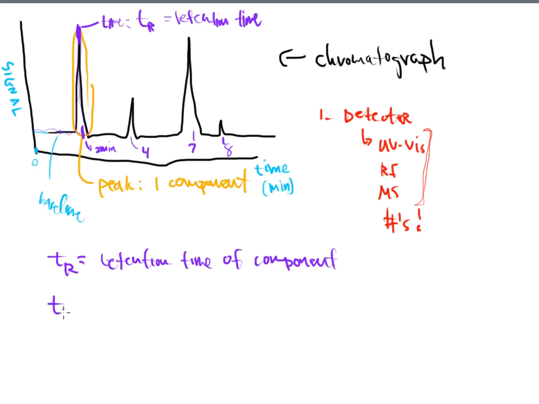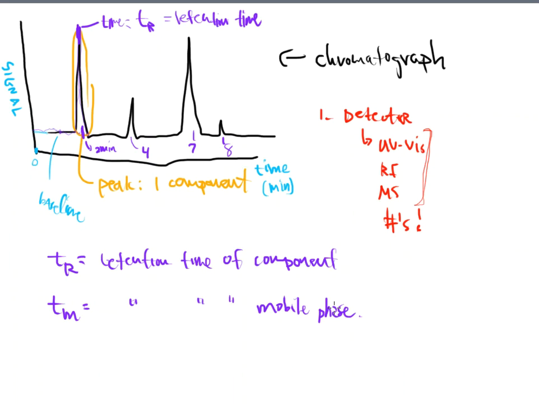Well, there's also T sub M, and this T sub M is typically the retention time of, not my component, but M stands for the mobile phase. Okay, so this mobile phase should not be retained at all.